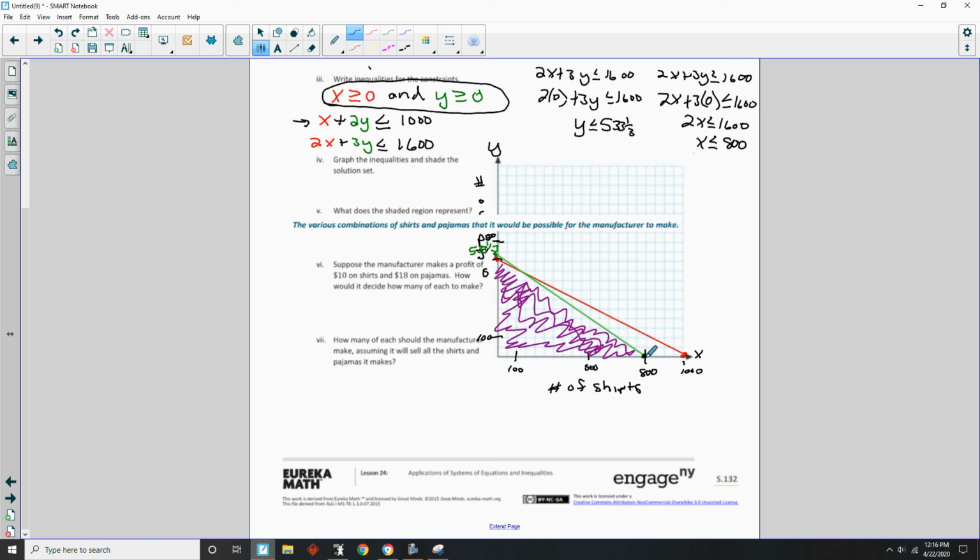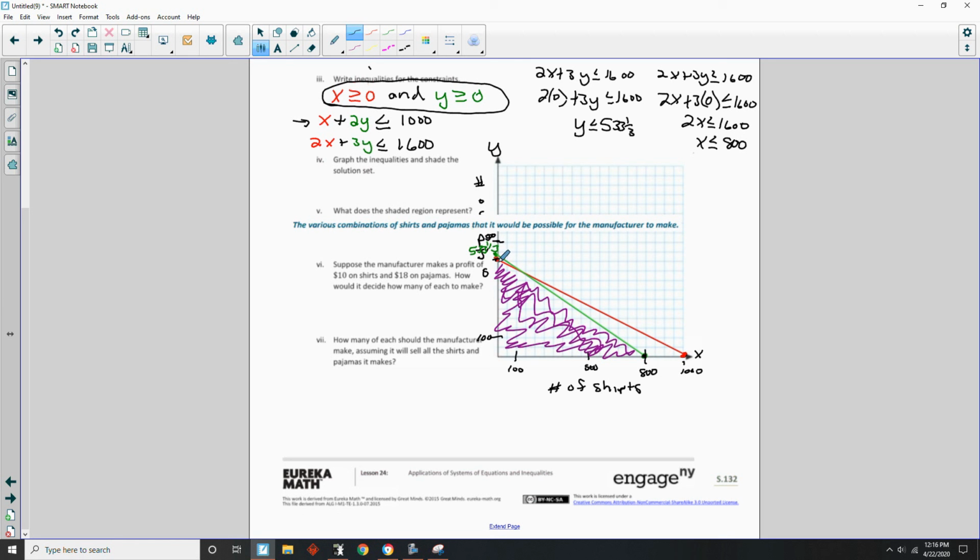So if I make 800 shirts, then 800 shirts would be $8,000. But it would be either end is what the answer would be. Either end of the shaded region is our maximum.